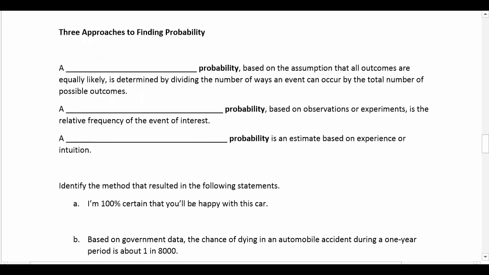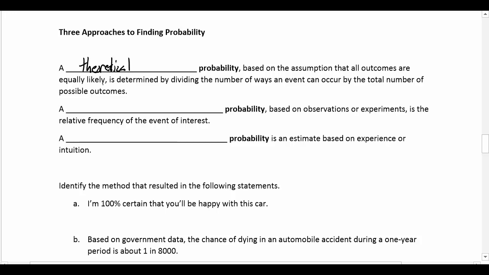All right, when we talk about probability, we've got 3 main approaches to consider. We've got what's called the theoretical probability. That's sort of pencil and paper, what we expect to happen out in the real world. It's based on assumptions that all outcomes are equally likely, dividing the total number of ways an event can occur by the total possible outcomes.